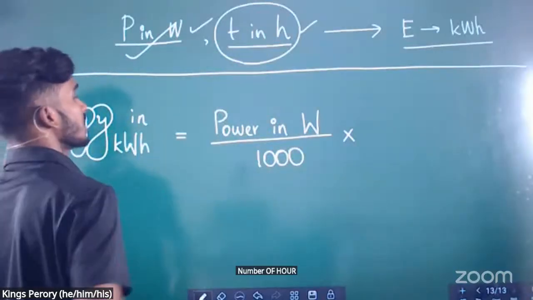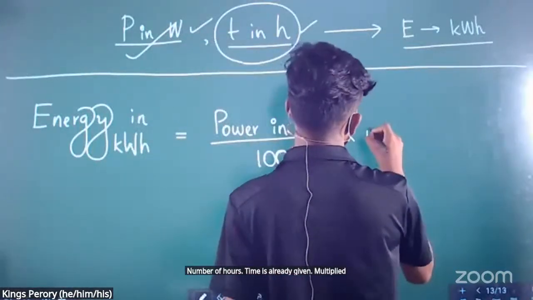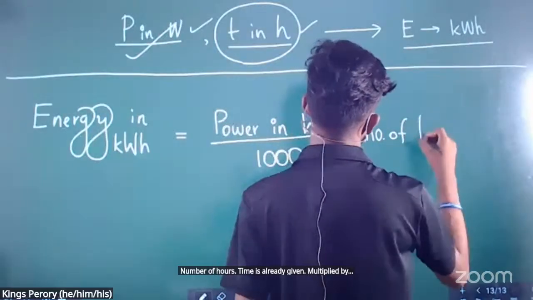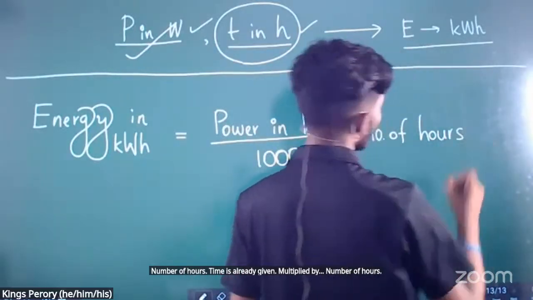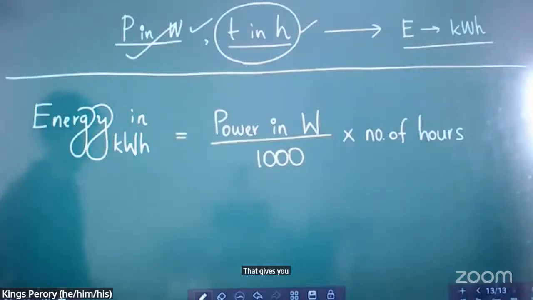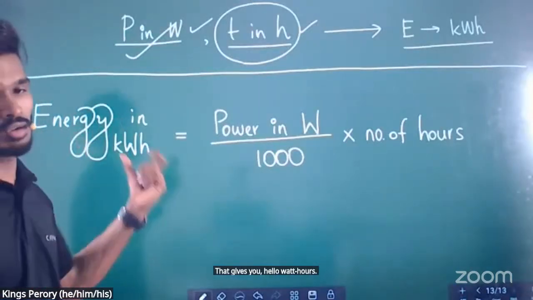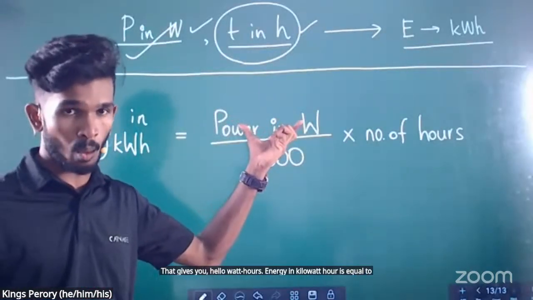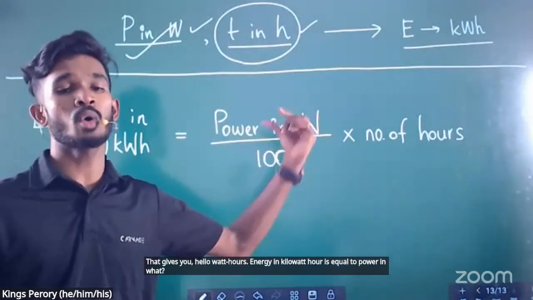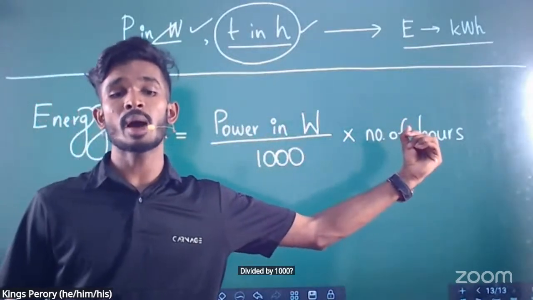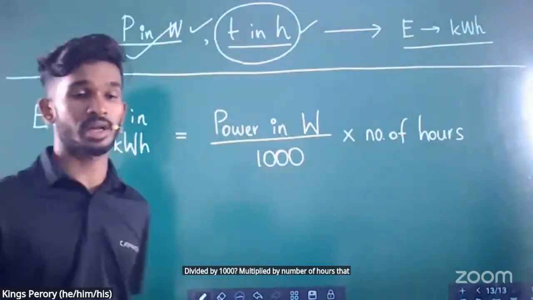Time is already given. That gives you kilowatt hours. Energy in kilowatt hour is equal to power in watt divided by 1000 multiplied by the number of hours that the appliance is working.